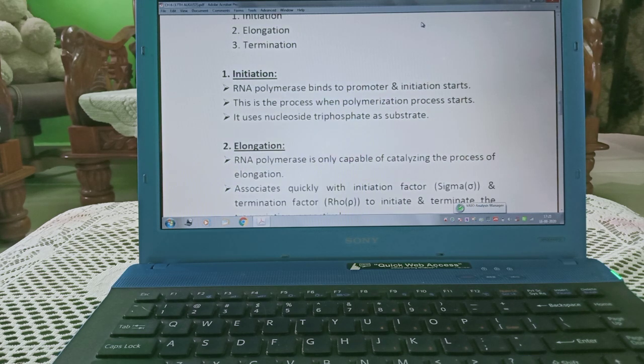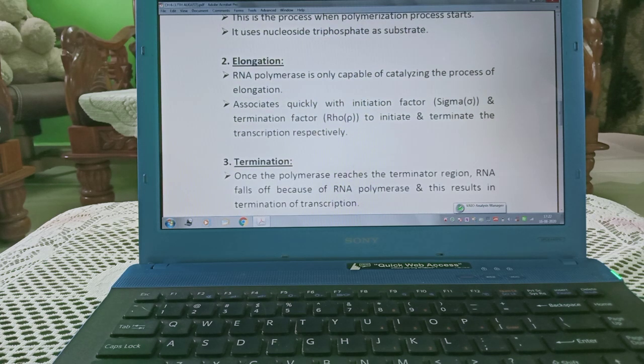Initiation: RNA polymerase binds to the promoter and initiation starts. This is the process when the polymerization starts, and it uses nucleoside triphosphate as substrate. Elongation: RNA polymerase is capable of catalyzing the process of elongation.